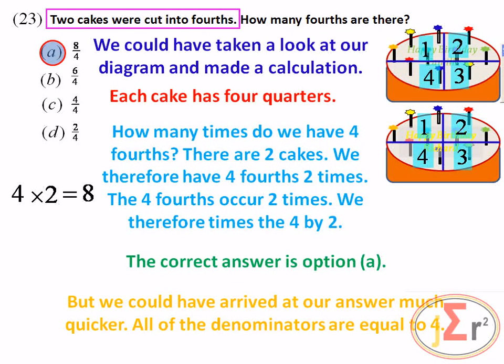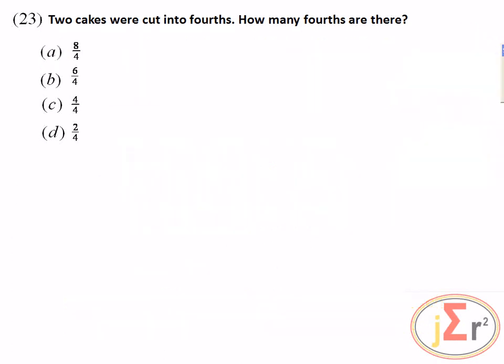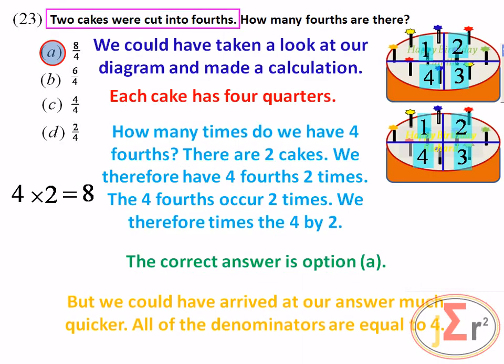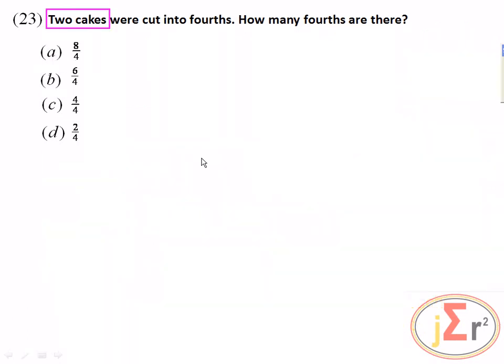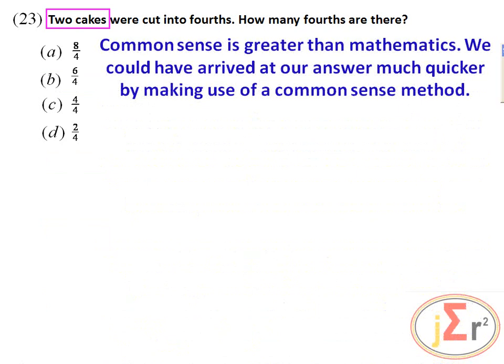All of the denominators are equal to 4. Notice that all of the denominators are equal to 4. So we could have arrived at our answer quicker. Common sense is greater than mathematics.